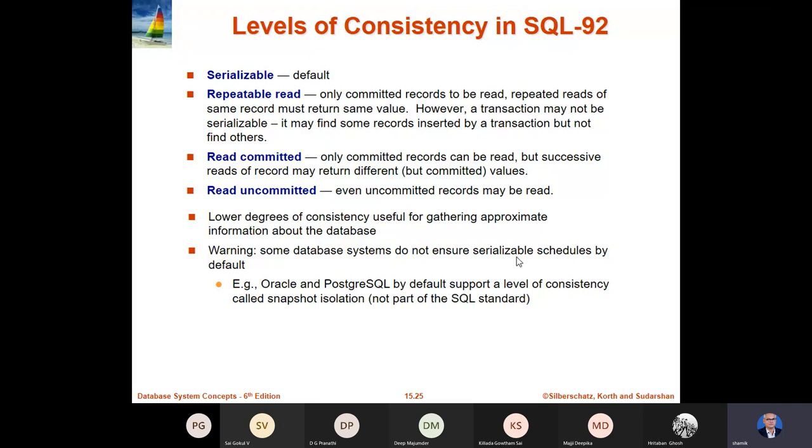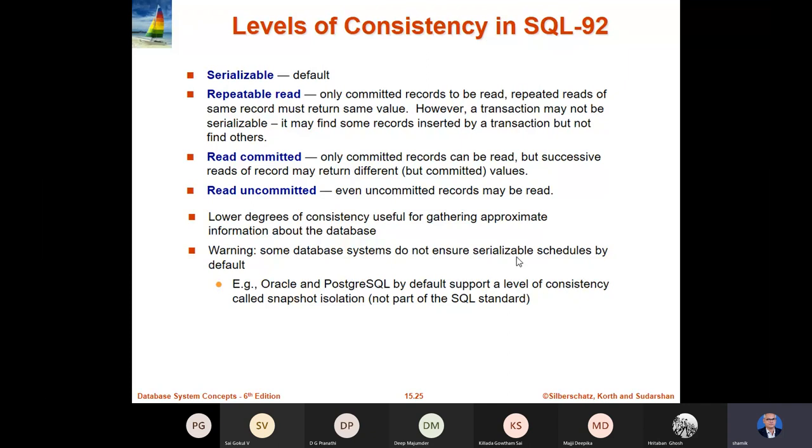But how is it different from read uncommitted? Assume that T1 first read the balance of account number 1, which was 100, then comes back and reads it again, and in between another transaction has made it 150.